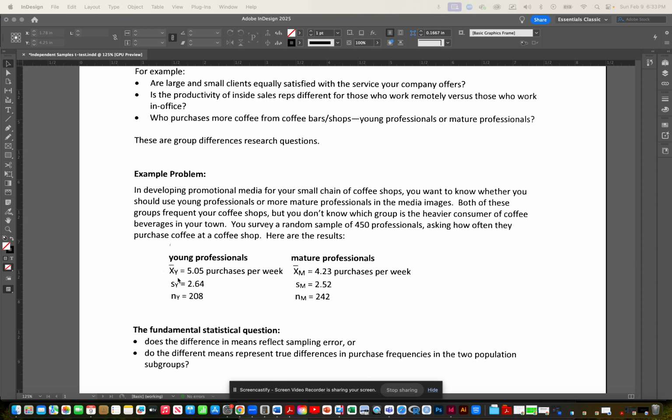And just looking at that, you might think, oh, it looks like young professionals purchase more compared to mature professionals. But we don't want to jump to conclusions, right? Number one, we don't care what the sample says because samples lie.